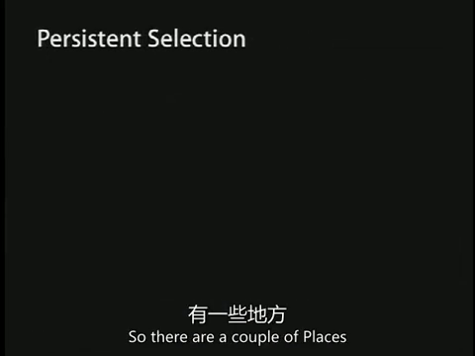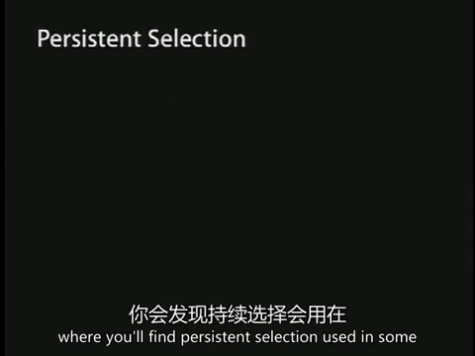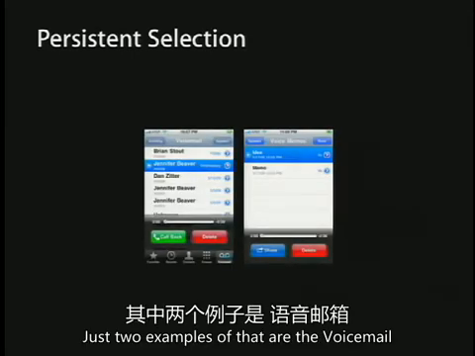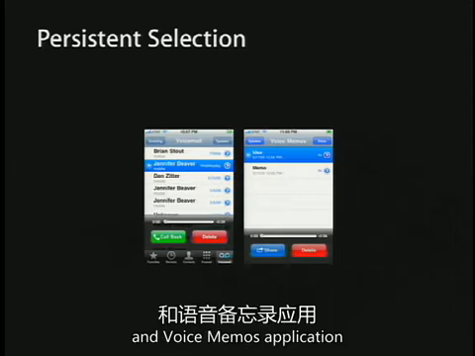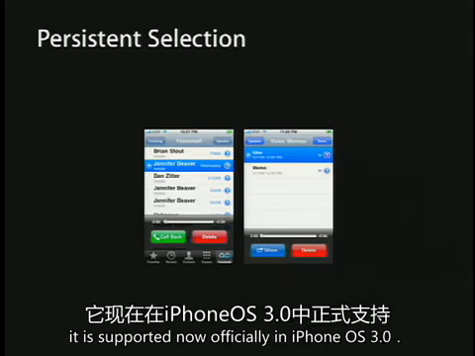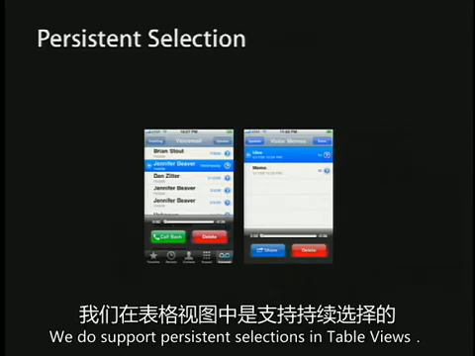There are a couple of places where you'll find persistent selection used in some of the Apple-provided iPhone apps. Just two examples of that are the Voicemail and Voice Memos applications. These are kind of exceptions to the standard rule. It is supported now officially in iPhone OS 3.0. We do support persistent selections in table views.